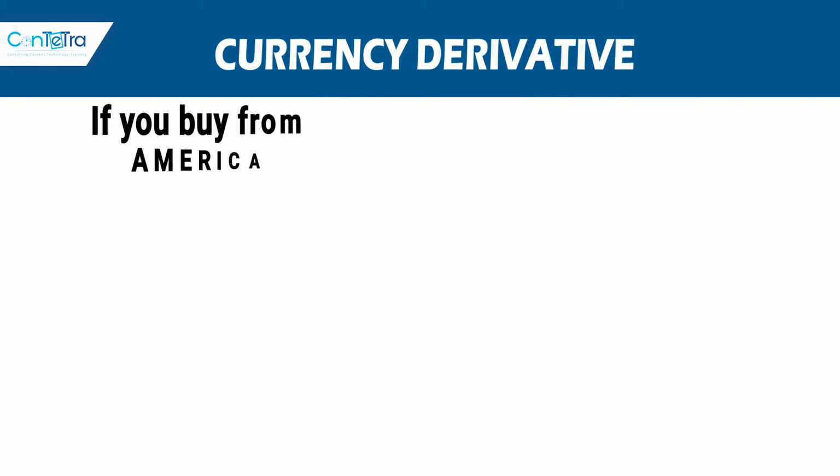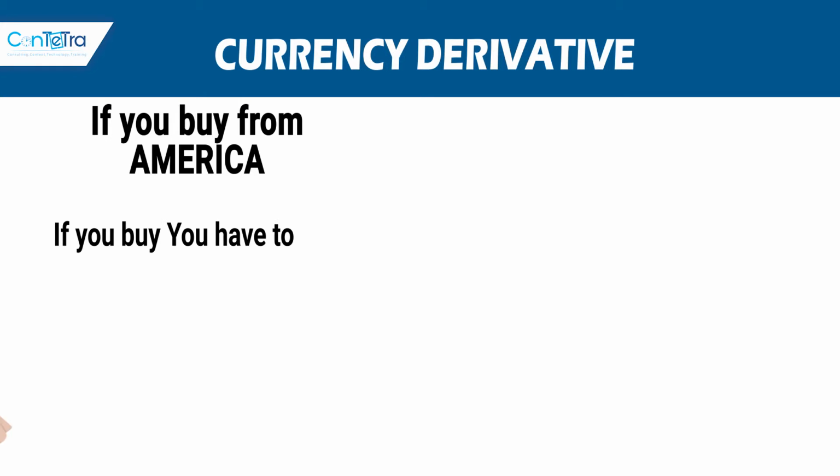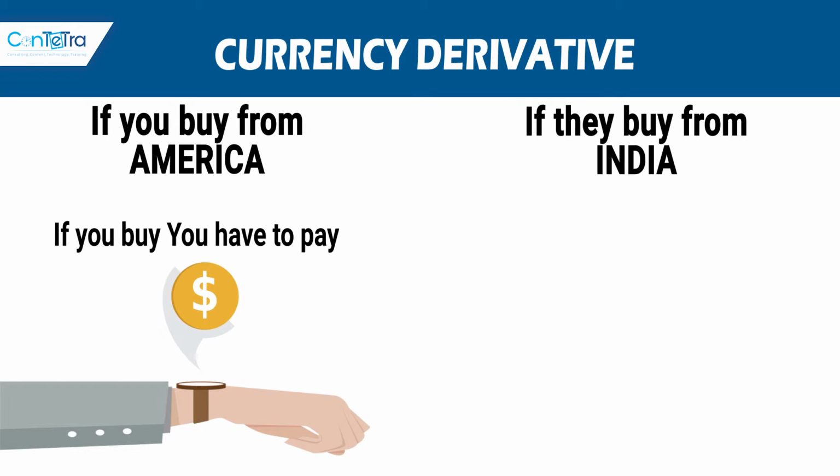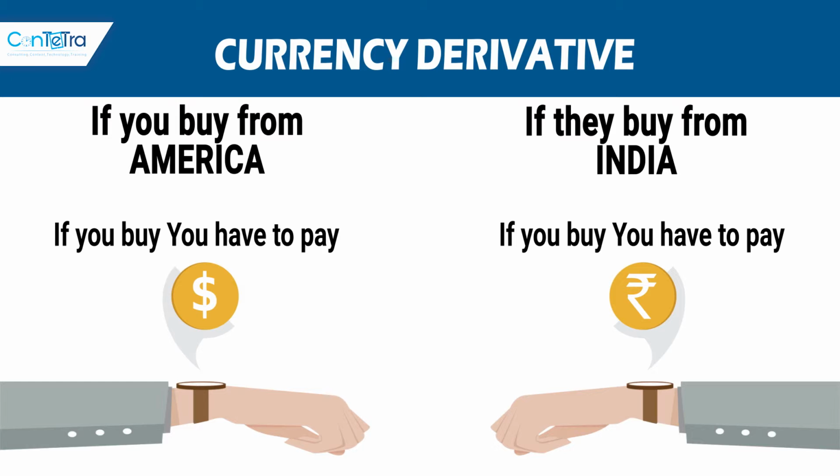In international trade, if you buy from America, you have to pay them in dollars. If they buy from India, they pay us in rupees. So there is always a rupee dollar exchange rate. Now this exchange rate can be converted into a derivative called currency futures. Let us say I know that I have to pay an American company in US dollars after 3 months.